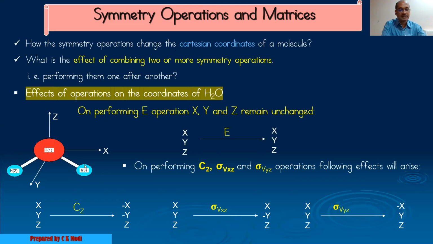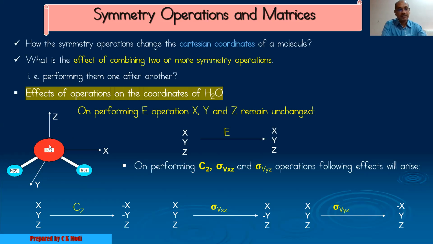Instead of checking the positions of these atoms, we have to focus on the Cartesian coordinates. So no need to focus on the atoms; we will concentrate on the position of the Cartesian coordinates X, Y, and Z.